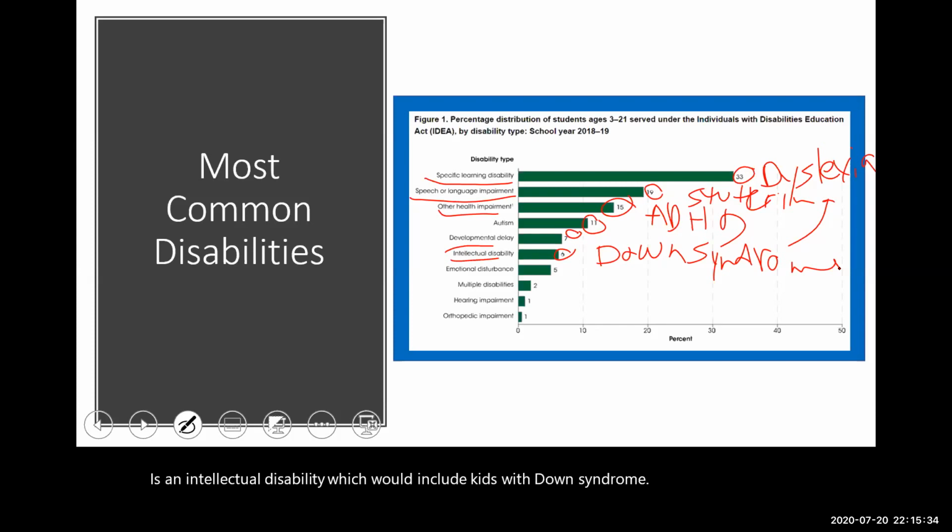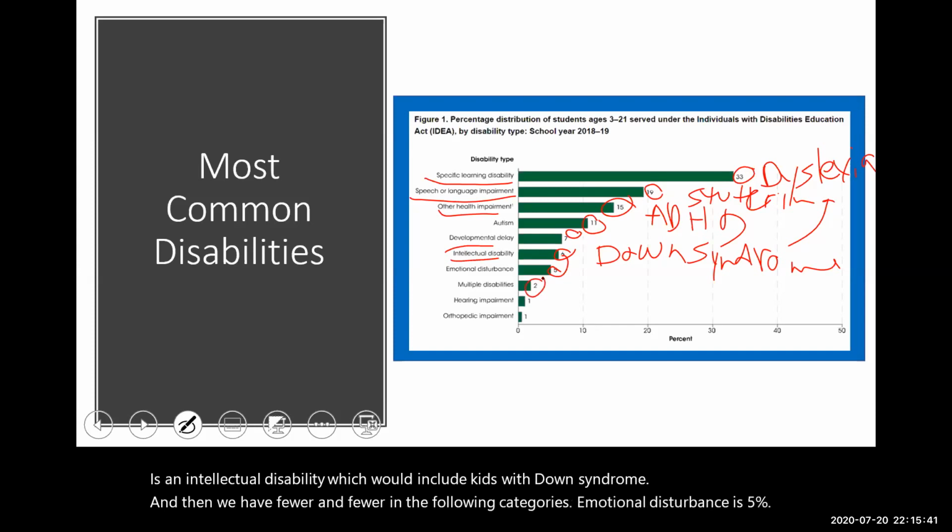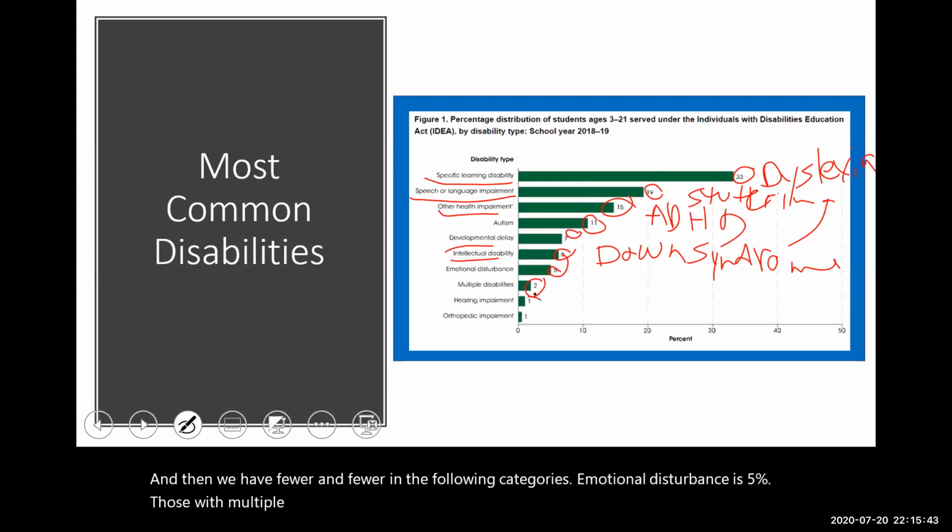And then we have fewer and fewer in the following categories. Emotional disturbance is 5%. Those with multiple disabilities, hearing impairments, and orthopedic impairments make up the lower 5%.